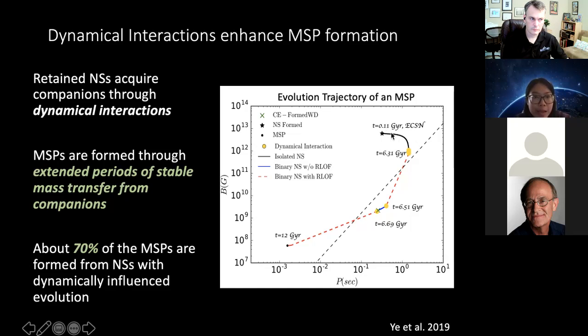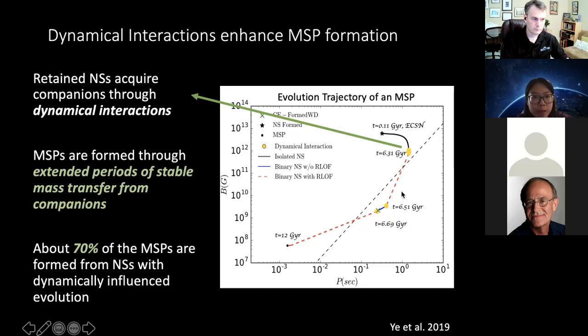It stayed in isolation for a while until at about 6 gigayears, it underwent a few dynamical interactions. During this interaction, the isolated neutron star got a companion. And this companion starts to transfer mass to the neutron star. So the neutron star goes this way, the spin period decreases and the magnetic field also decreases.